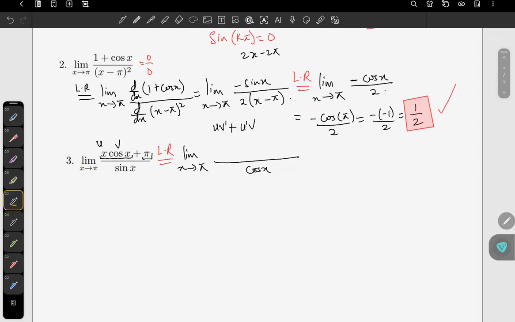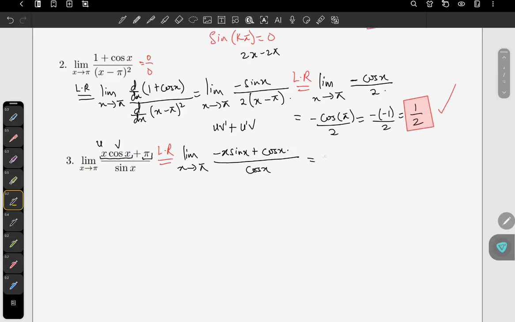So the first one is x times the derivative of cos x, that is x times minus sine x, so that is minus x sine x, plus the second one is the derivative of x, which is 1, times cos x, so we have times cos x. Then if we plug in pi now, what do we get?